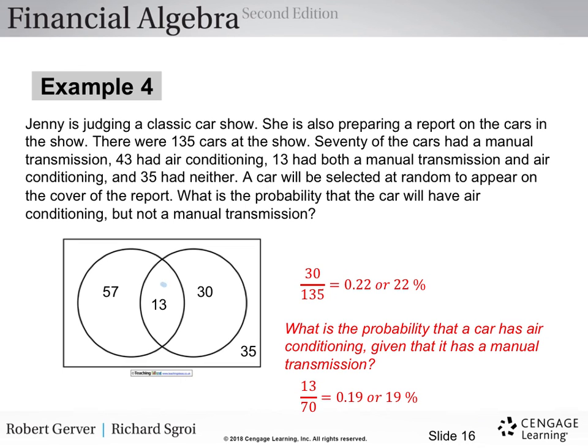Well, 13 are in the group that has manual transmission and has air conditioning. So we're only dealing with this circle here, since it says given that it has a manual transmission. How many of these have air conditioning? 13. So it's 13 over 70, 0.19, or simply 19%.